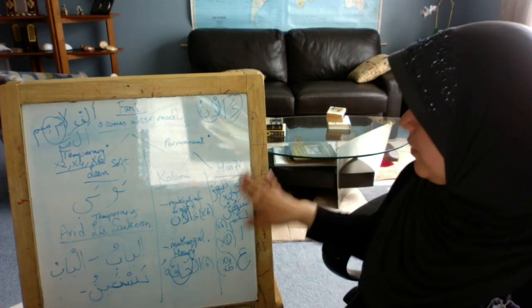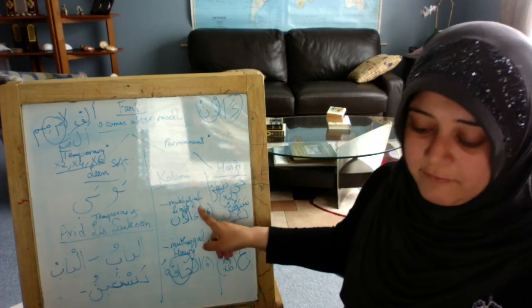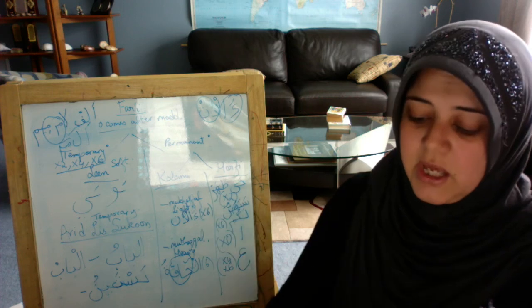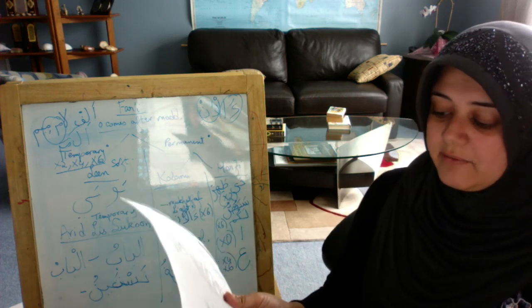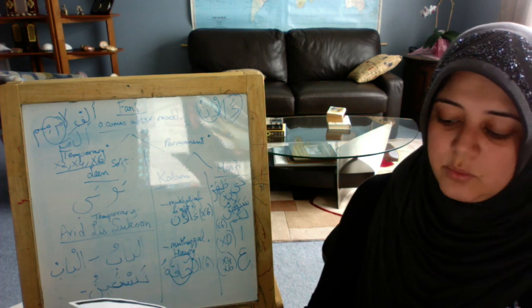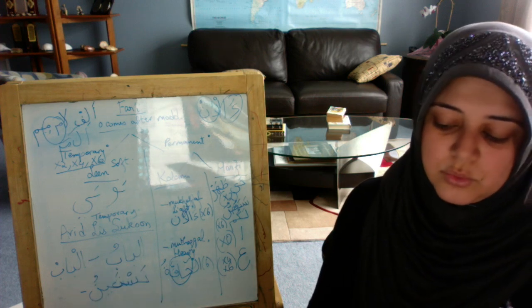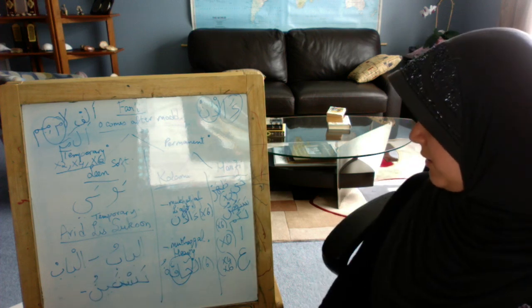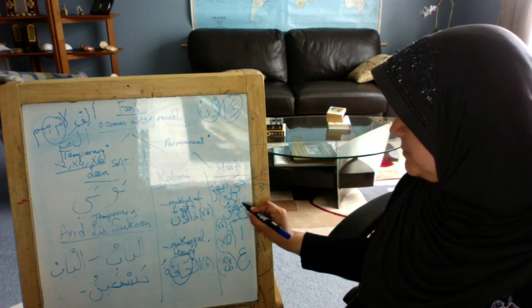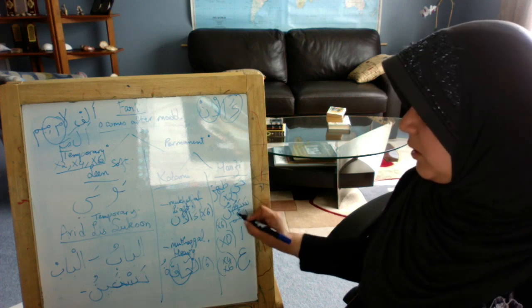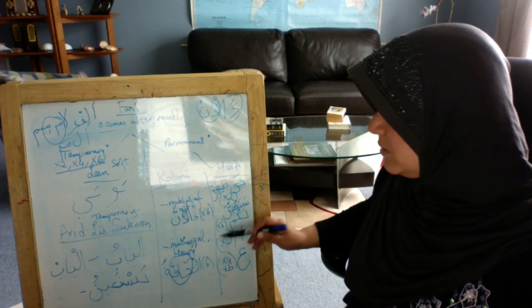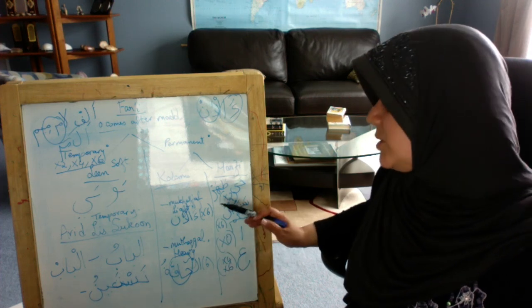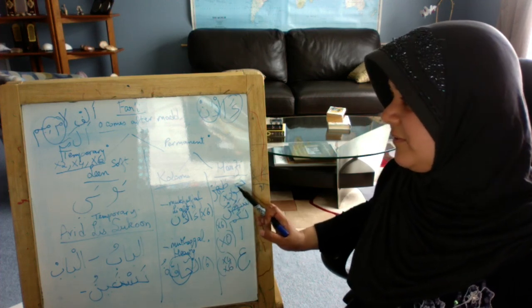Now, for harafi mukhaffaf, mukhaffaf would mean that you have just the letters like noon or qaf, right? Noon or qaf. When it comes by itself and you don't have a pull with a shadda, then it's going to be mukhaffaf, right?